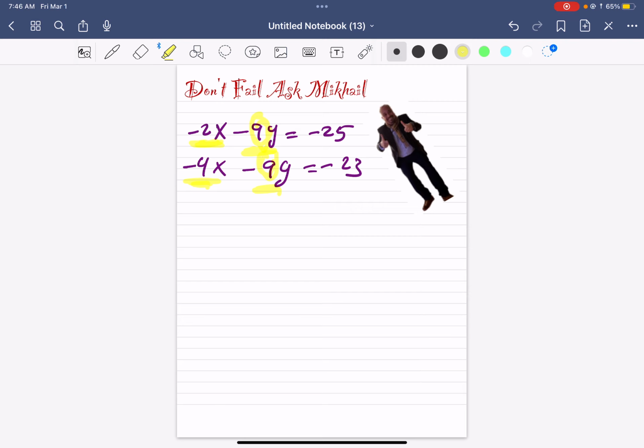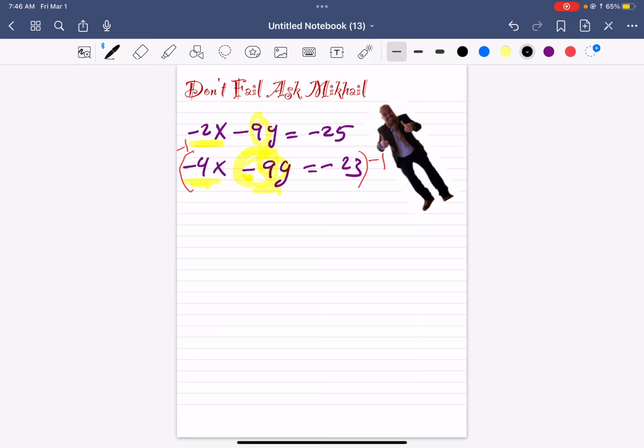So I'm going to concentrate on the y, and I'm going to multiply the bottom equation by what? Excellent, by negative 1. Y by negative 1, left and right by negative 1. To make this positive, negative y multiplied by negative 1 is going to be positive 9. So the top one, I'm going to leave it alone.